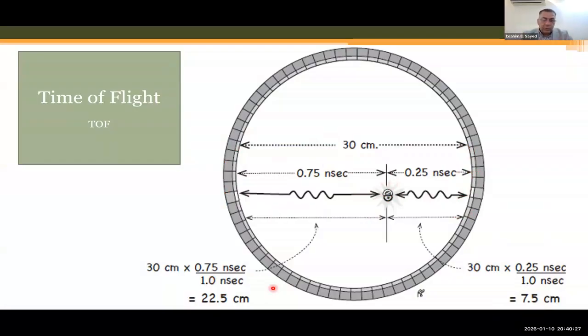So why is it important? Now we know the exact location of the annihilation. Before, we didn't have any idea where the annihilation happened along the line of response. We collect from several angles, of course, but that does not give us accurate localization of the event.